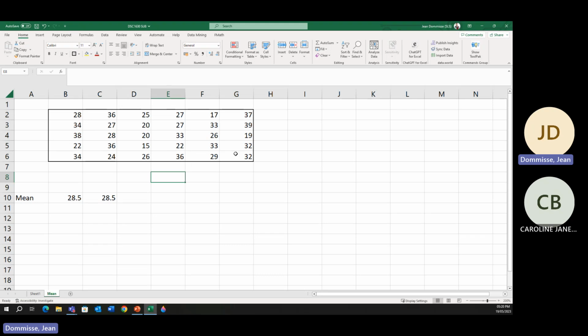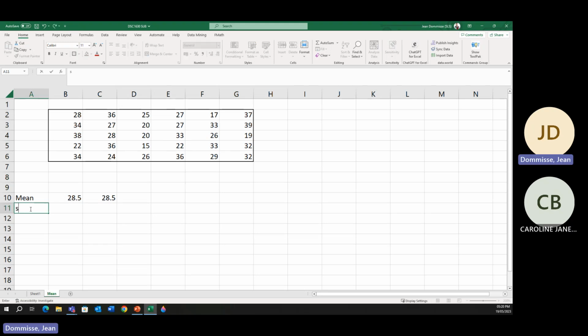So it will always be a much smaller contained set, so that it's easier for you to work out the numbers. They will never give you this big data set and then ask you to work out the standard deviation unless you're allowed to use Excel.